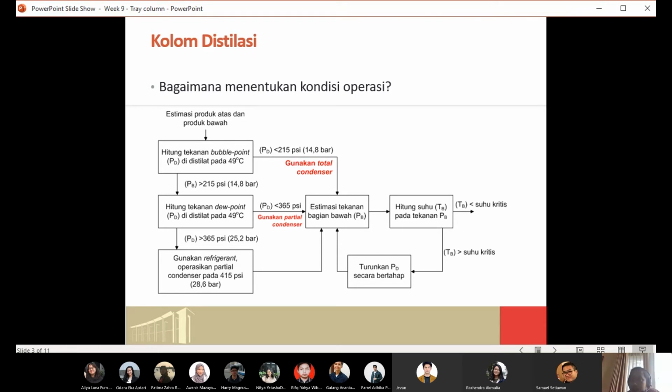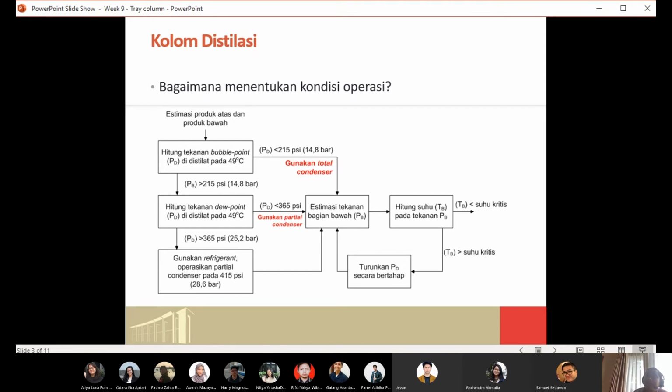Because the price is very cheap. If you don't have any choice, for example, the requirement of the condensation temperature or bubble point temperature is too low, yes, you can go to refrigeration, but refrigeration is the last option. The first and second options should be whether you will use cooling water or air cooler.